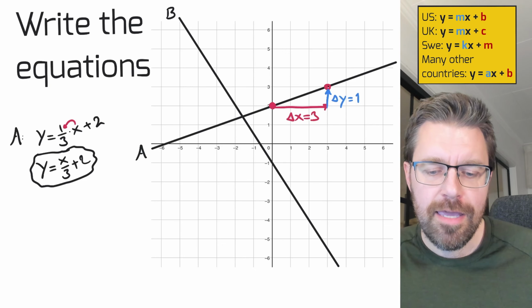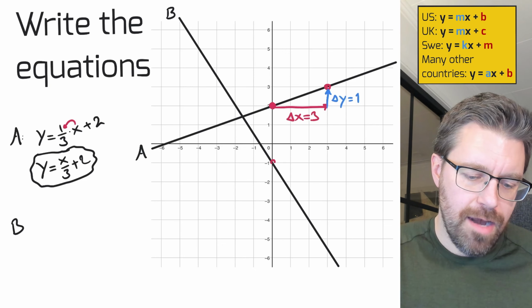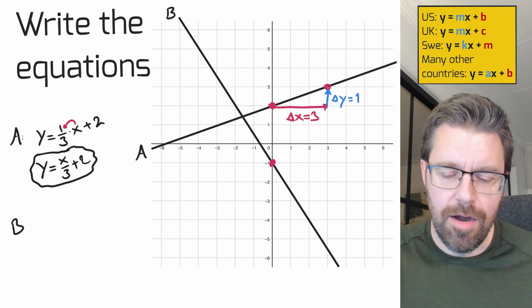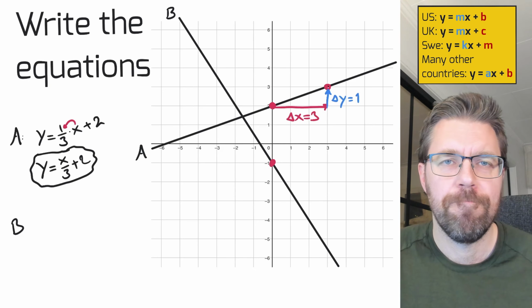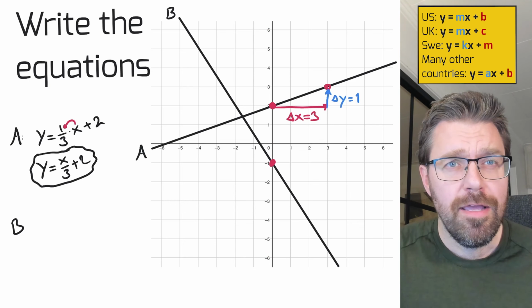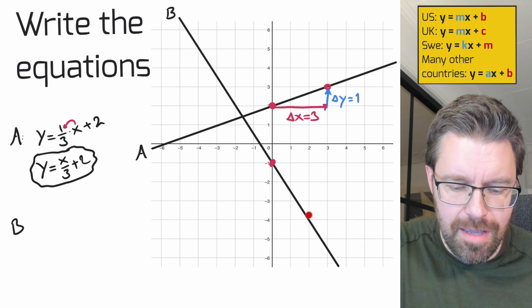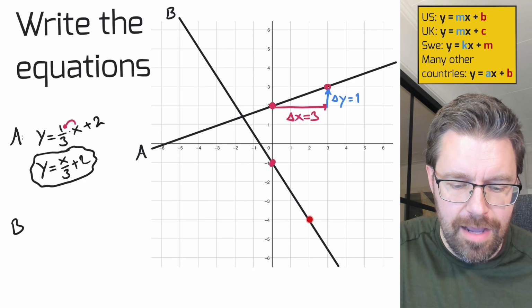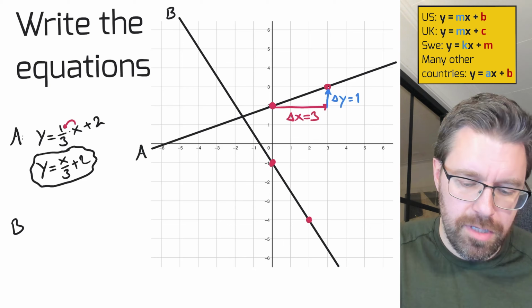Then we take line B, and the y-intercept is the number -1 here. Always the crossing of the y-axis. I put -1 in my head. And I choose another point that I can easily see the coordinates of, like this one here. And now I count the jumps.